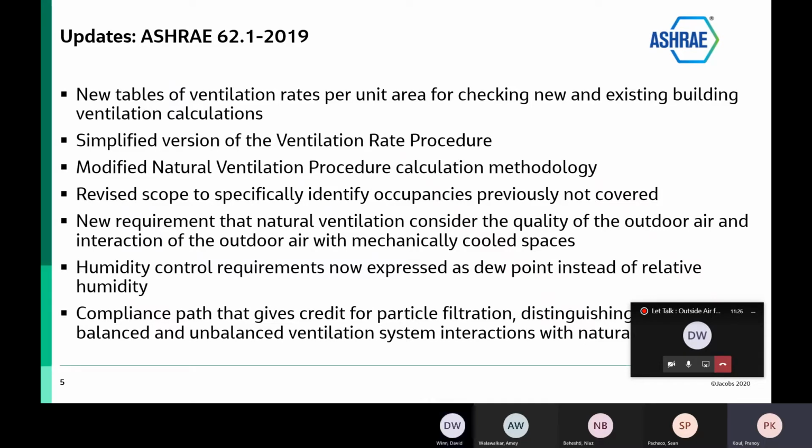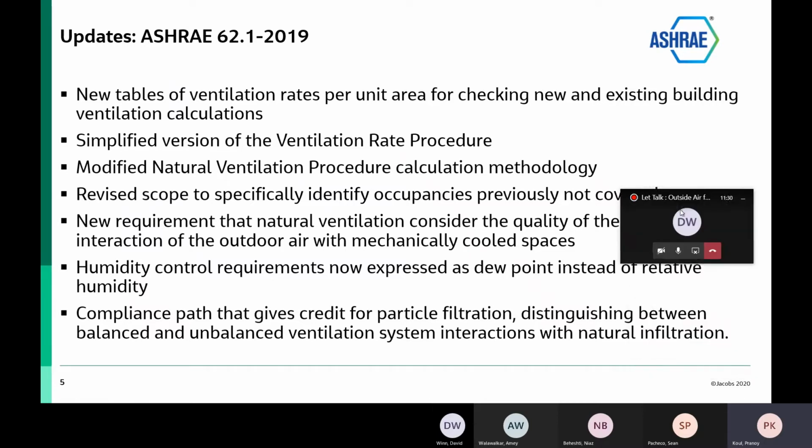It also entails the compliance part that gives credit for particle filtration and distinguishes between balanced and unbalanced ventilation system interactions and natural ventilation. This compliance part for credit is also very essential when I talk about LEED requirements. Within LEED requirements, it has certain credits for specific particle filtration, which actually got derived from this standard. Okay.